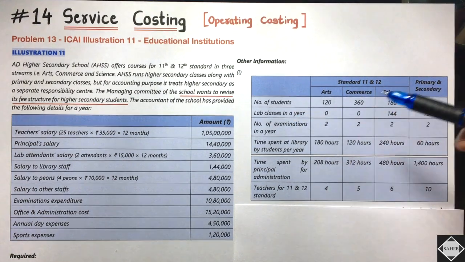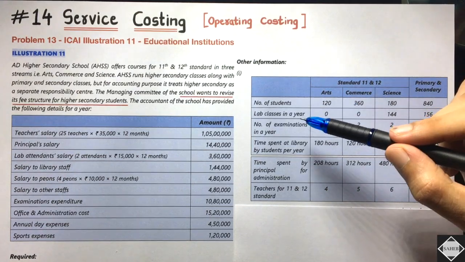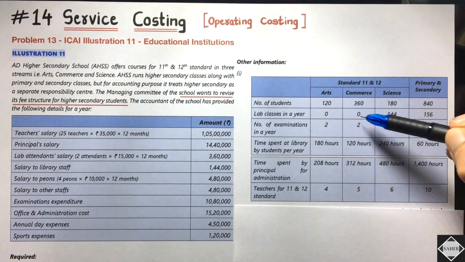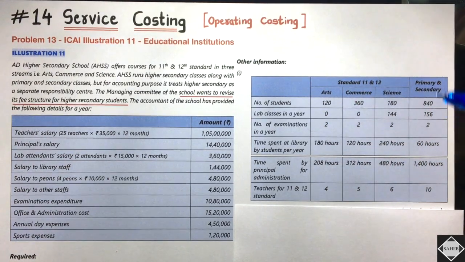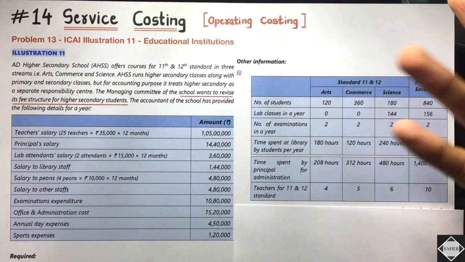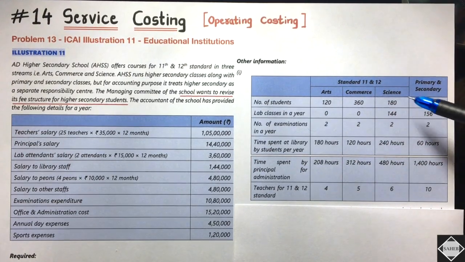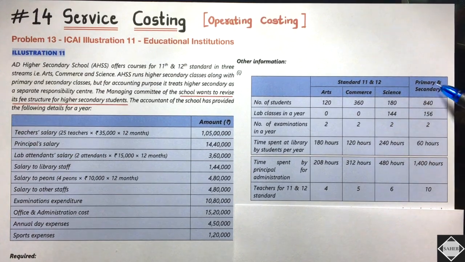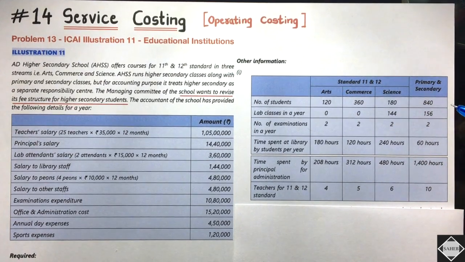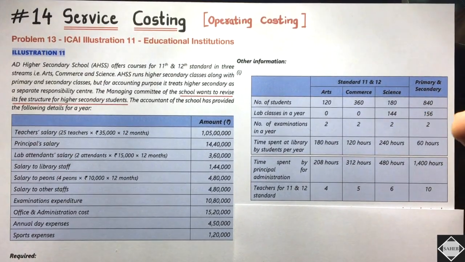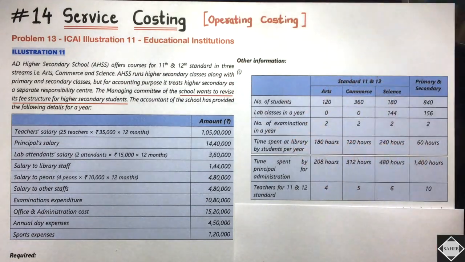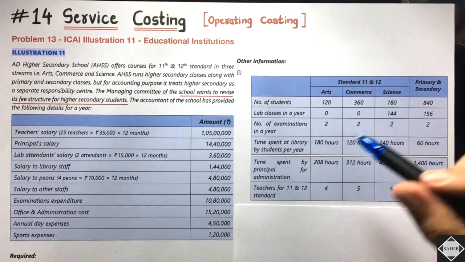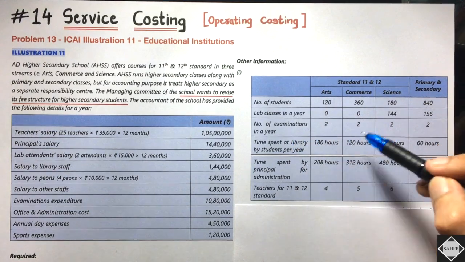Then see lab classes in a year. They are saying 0, 0. In arts and commerce, there is no need for a physics lab, chem lab or bio lab. In the science stream it will be needed. 144 lab classes they have held in a year. In primary and secondary, 156. In class 8 also they used to go to the chem lab, bio lab and all. So lab classes will be there in primary and secondary also. Number of examinations in a year, 2.